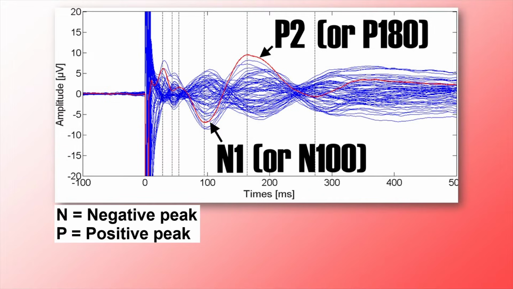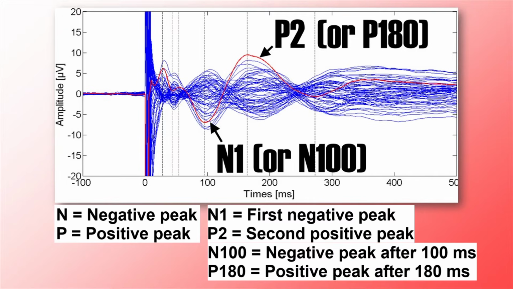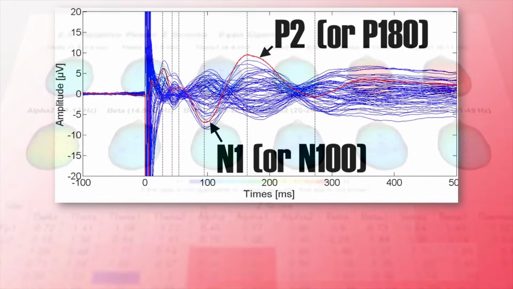The number after N or P indicates when the waveform occurs. A small number, like 1, 2, or 3, suggests it is the first, second, or third positive or negative peak in a particular time window. A large number, like 100, 200, or 300, suggests that the positive or negative peak is observed after 100, 200, or 300 milliseconds on average.